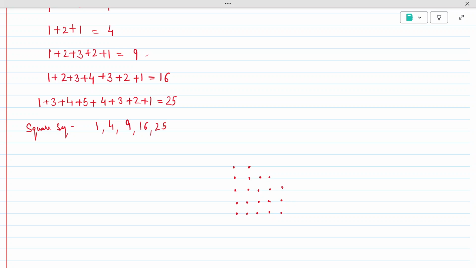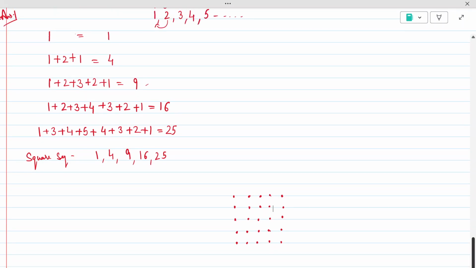Now 3. 1 here and 1 here. Next is 2. 1 here and 1 here. And the last is 1. So this is a square of 25 dots. So hence we have drawn what we are supposed to do. This part of the question, we are representing this addition in the form of a square sequence.